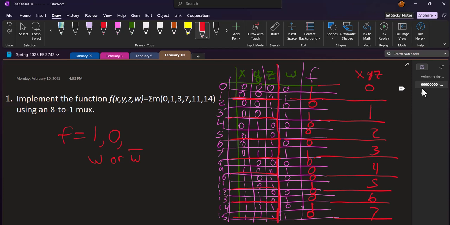So let's look at when XYZ is 0. When XYZ is 0, what is F? It's 1. When XYZ is 1, F is the same as W. When XYZ is 2, what is F?